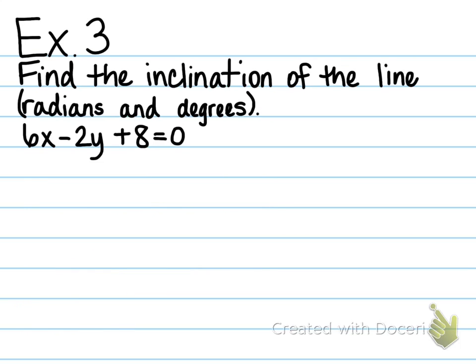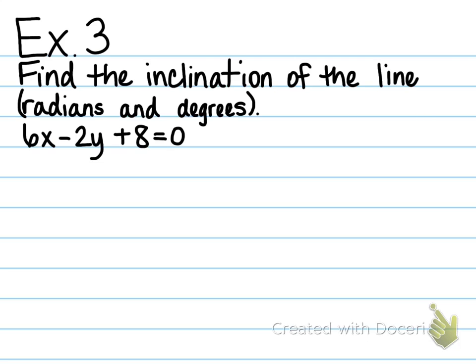Number 3 wants us to find the inclination again. This time it gives us an equation of a line. So we still need the slope to find inclination. With an equation of a line, the trick would be just to get y by itself. If the equation is in y equals mx plus b form, which is slope-intercept form, then I'll know the slope of the line.